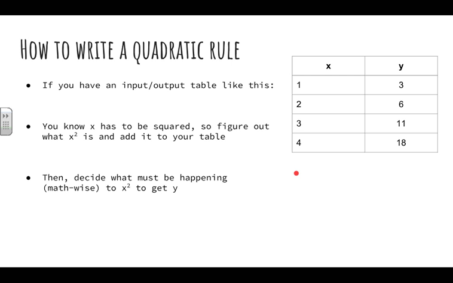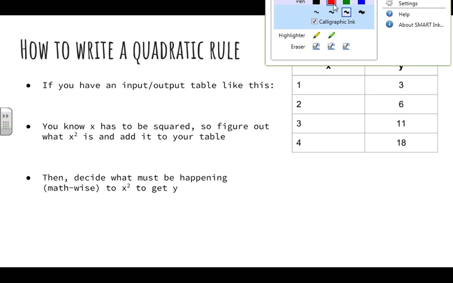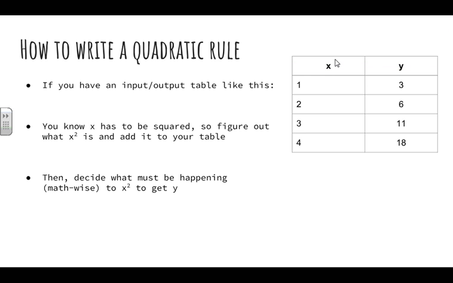If we know that this is a quadratic function, we know that x must be squared. So I could make another column for x squared. So 1 squared is 1, 2 squared is 4, 3 squared is 9, and 4 squared is 16.